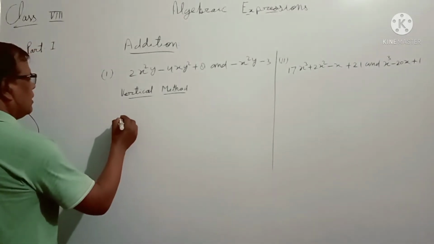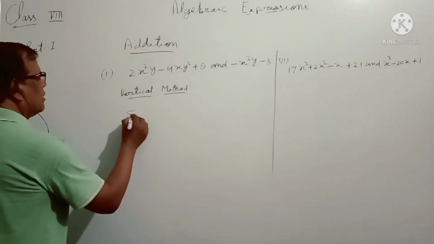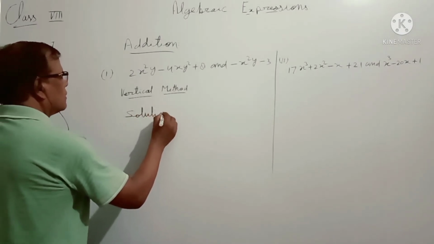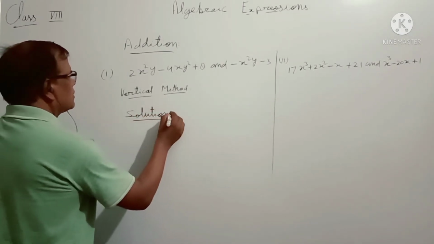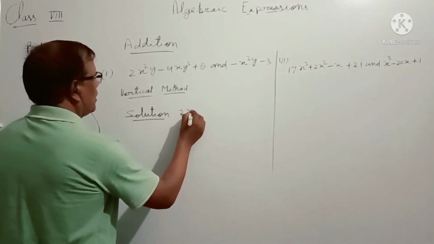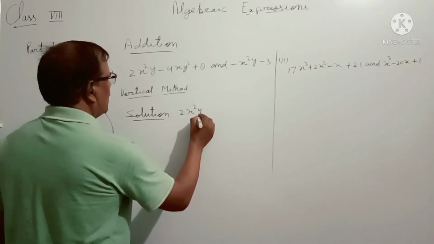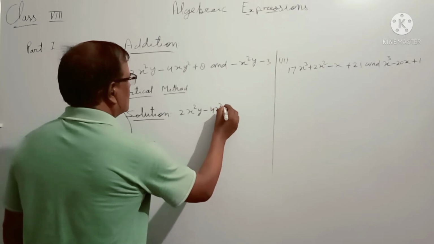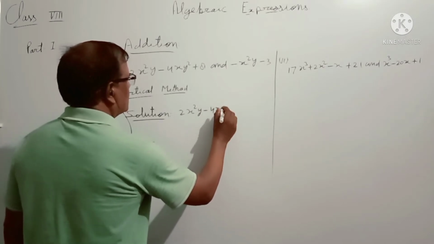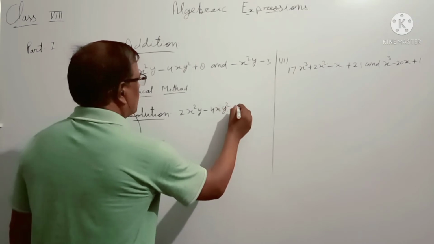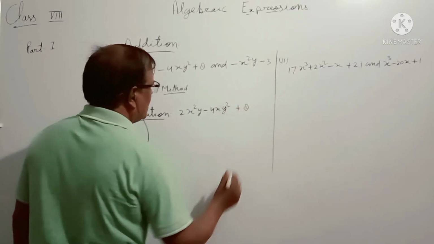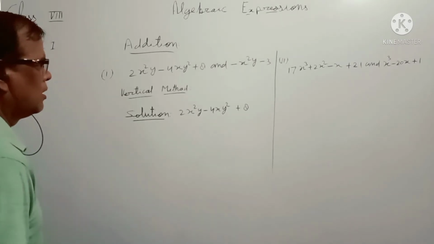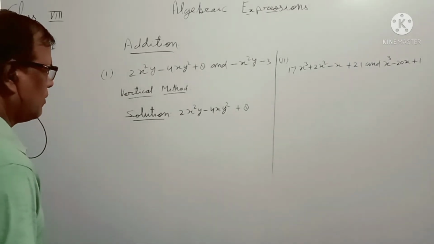As we are going to write here, vertical method solution is this: 2x square y minus 4x y square plus 8. In the next expression, as we are seeing, there is minus x square y.